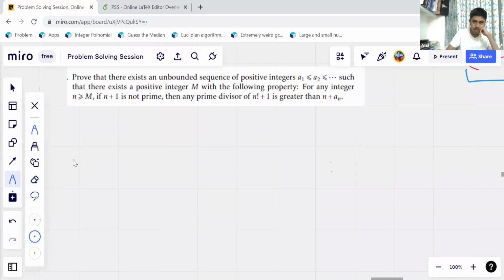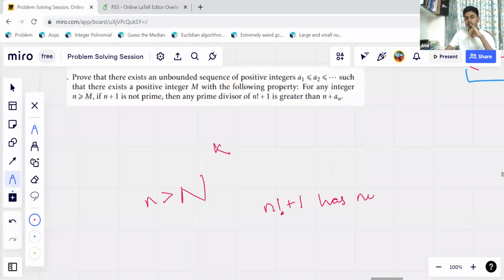Okay, it's essentially saying, prove that for every positive integer k, there is some n such that n factorial plus 1 has no prime factors among n plus 1, n plus 2, until n plus k.